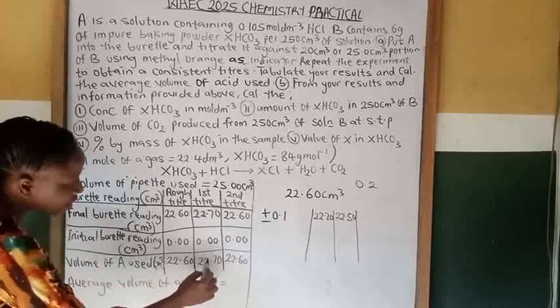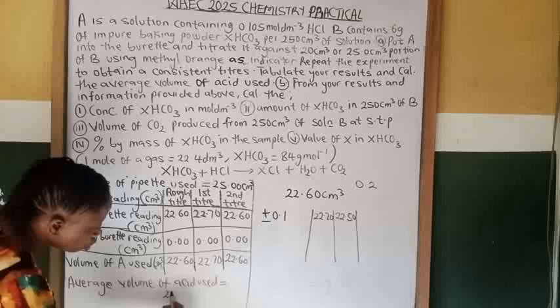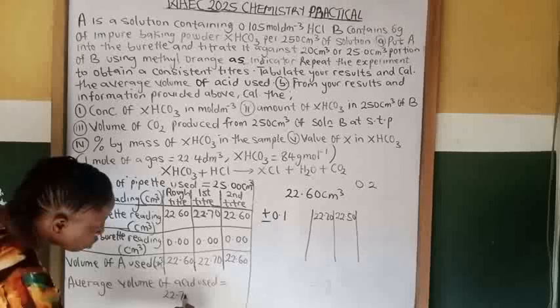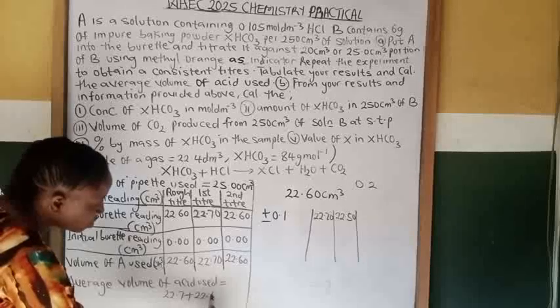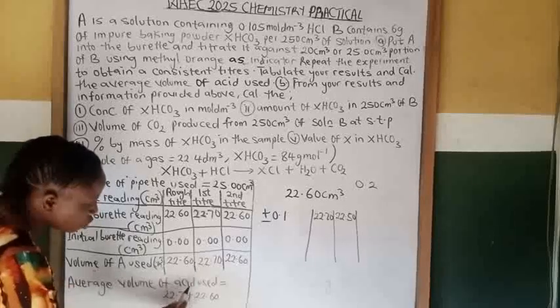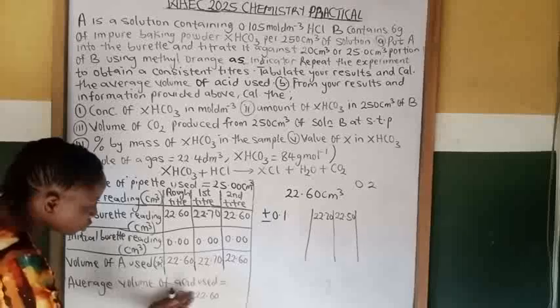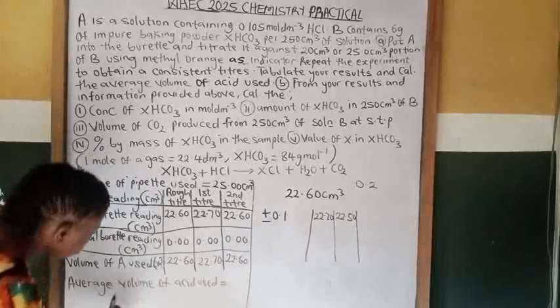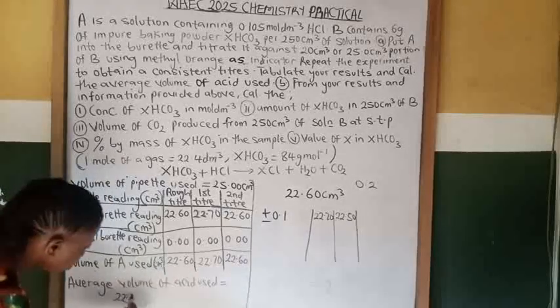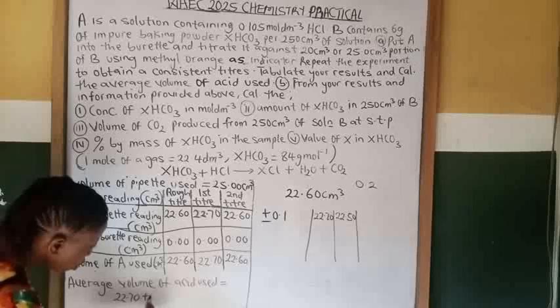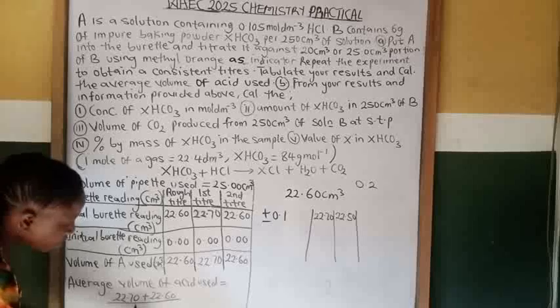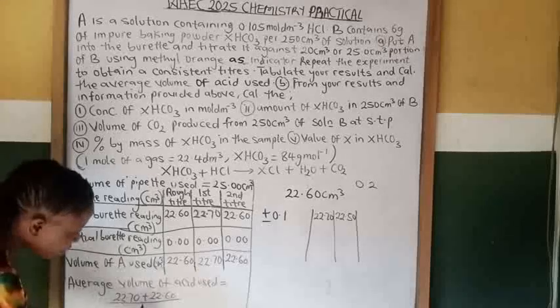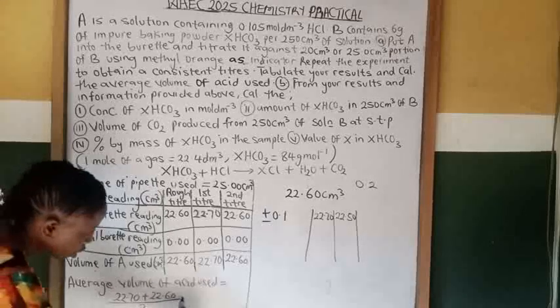My first titer value is 22.70 plus the second titer value, 22.60. So 22.70 plus 22.60, then divided by how many? We use 2 concordant titer values, so that's divided by 2.